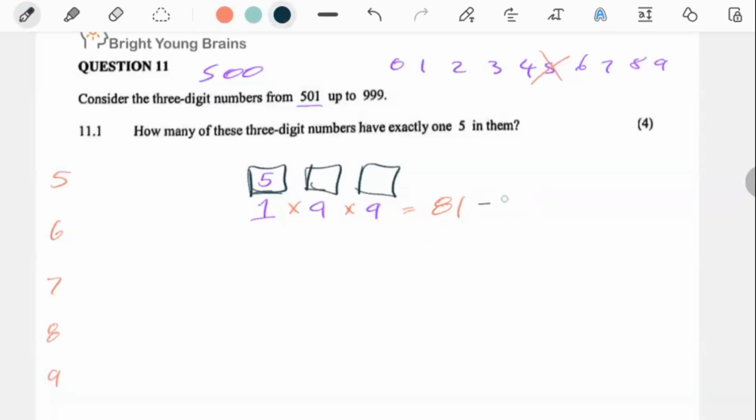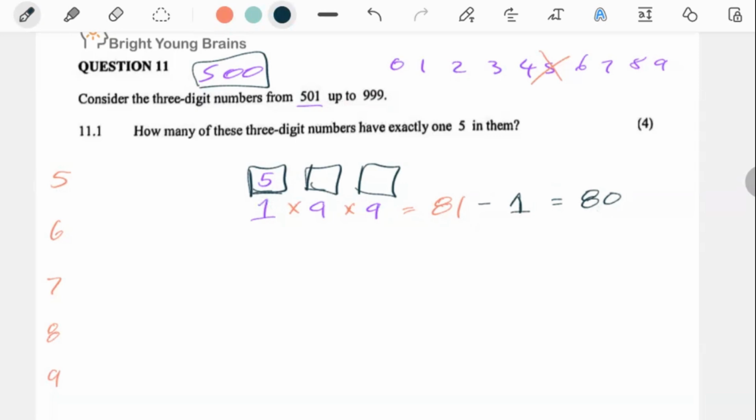However, we have to subtract the number 500 because it's not between 501 up until 999. So this gives us 80 options in total for numbers that start with the 5. Numbers that start with the 5 and only have one 5 in them, you have 80 of those numbers.